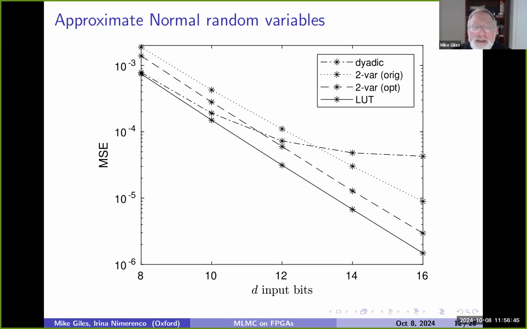The dotted line is the two-variable method with the initial values, but then the dashed line shows the two-variable method with the optimized values. Actually it's surprisingly good and really needs a very small lookup table. And then the dashed-dotted line is the one using the dyadic intervals. It's good for very few bits. It could be changed to be more accurate for a large number of bits. But overall, I think the two-variable technique is going to work out really nicely. So that's currently our best guess as to what will work well on the FPGA.